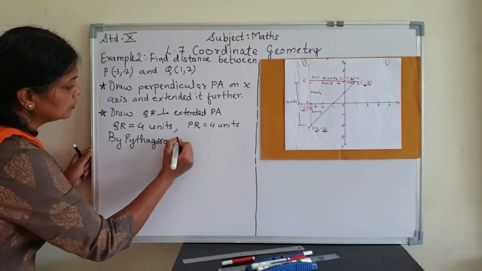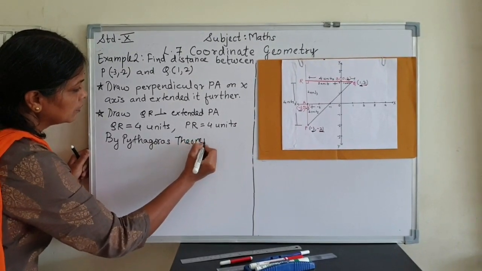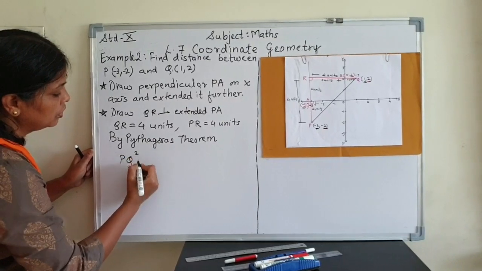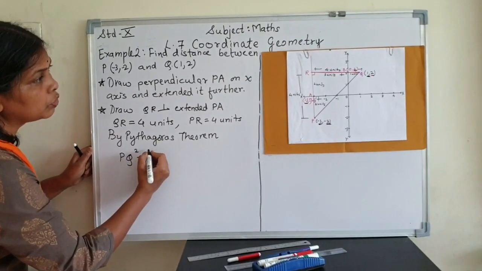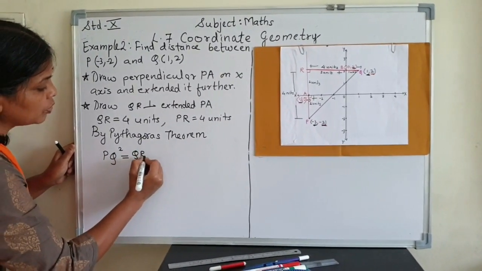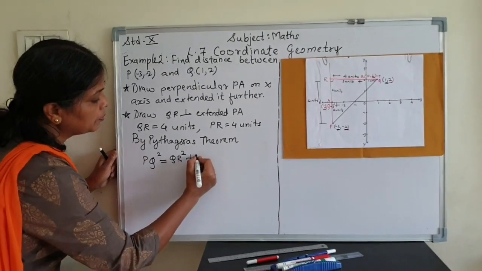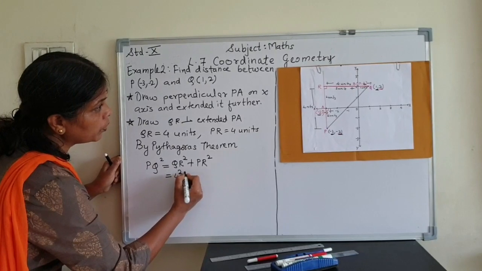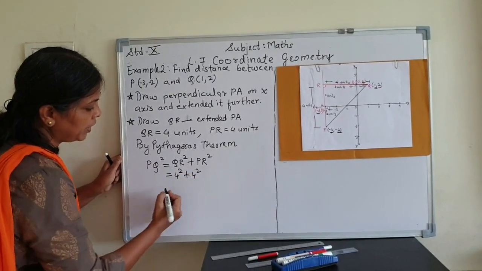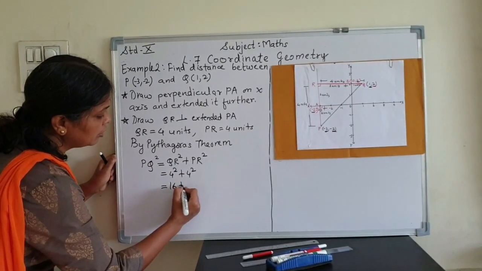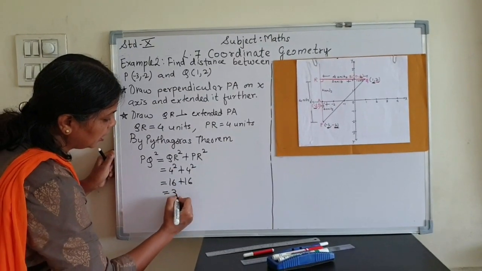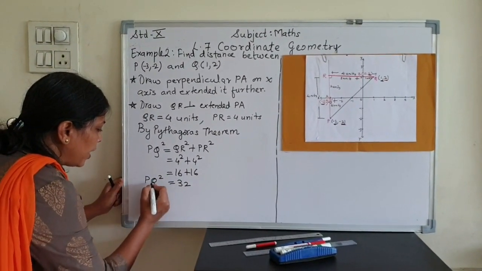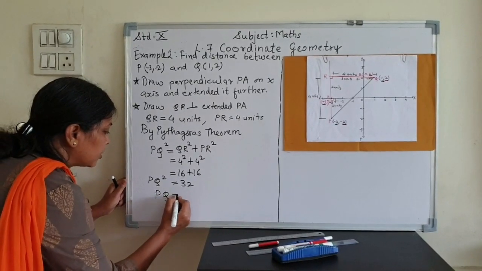Then by Pythagoras theorem, it's very easy to find PQ, that is PQ square is equal to QR square plus PR square, is equal to 4 square plus 4 square, that is 16 plus 16, 32. This 32 is PQ square. So square root of PQ square is PQ.